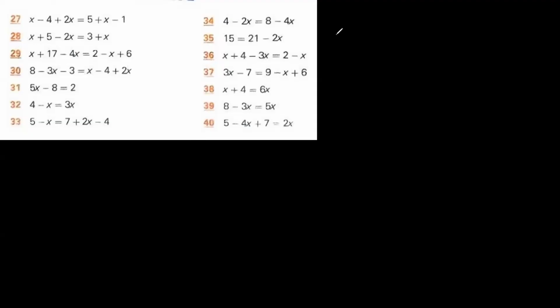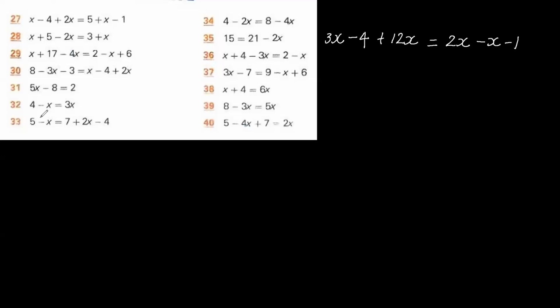And it is 3x minus 4 plus 12x equal to 2x minus x minus 1. So here what you're going to do for me, you will simplify.